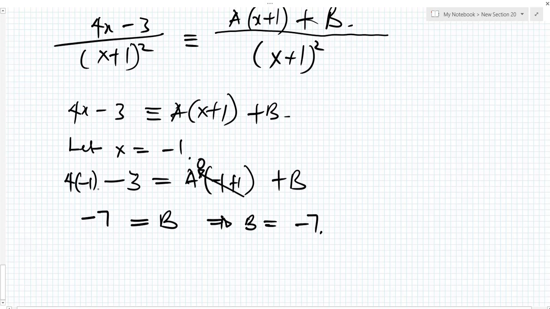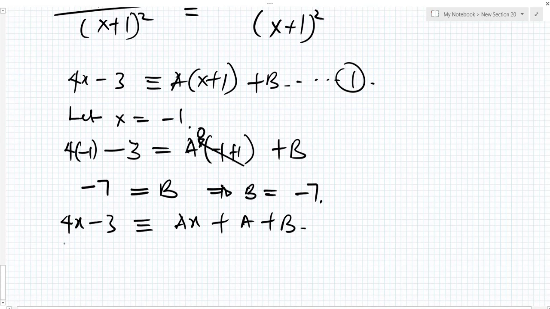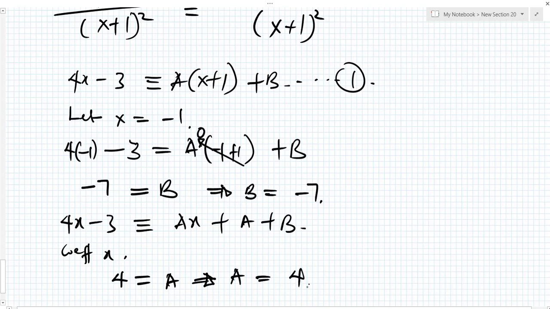Now, if we expand equation 1, we have 4x minus 3 equal to ax plus a plus b. Now, equating the coefficient of x, you have 4 equal to a, which implies that a is equal to 4.